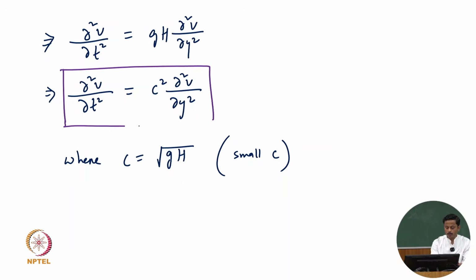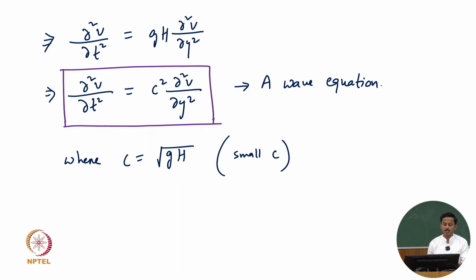If you recall from your advanced mathematics, this is the form of a wave equation. It has a double derivative in time and a double derivative in space, and both are related by a certain constant.